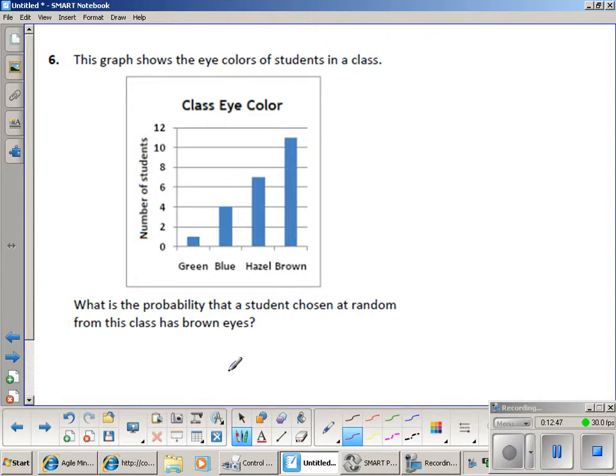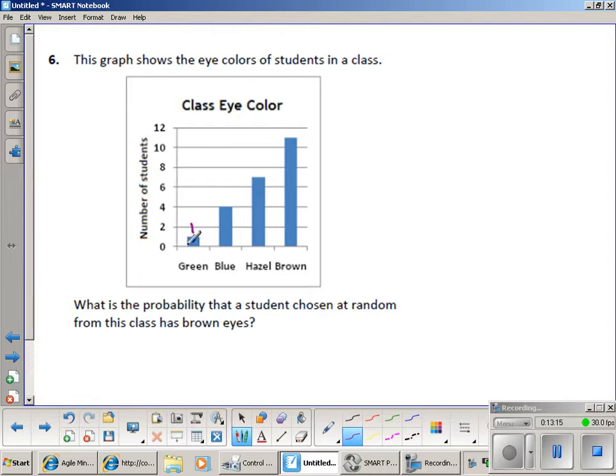So we can see in our graph the number of students on the y-axis. We can see green, blue, hazel, brown as far as different colors. Well, before we can find the probability, we need to know how many students we're talking about. How do I find that? Well, let's look at the graph. Green, the bar is this high. I would say that's 1 student. Now, really, I'm kind of having to estimate here, but I think that's a reasonable estimate.